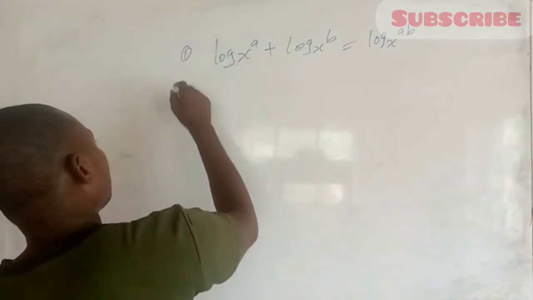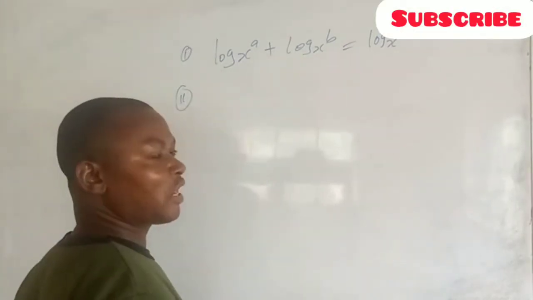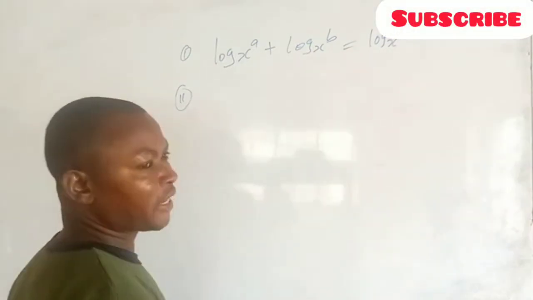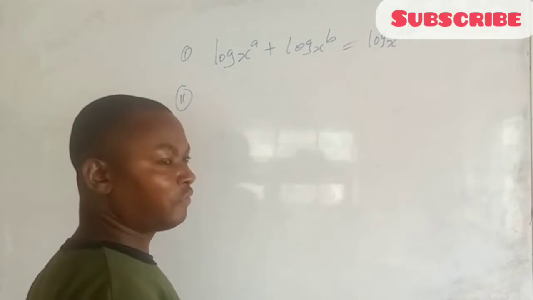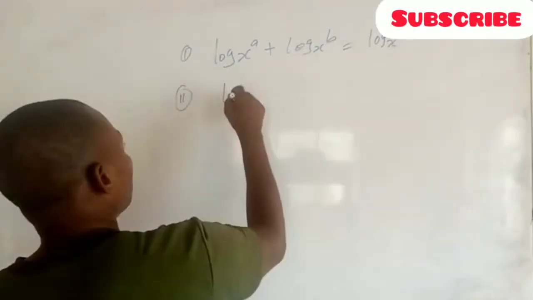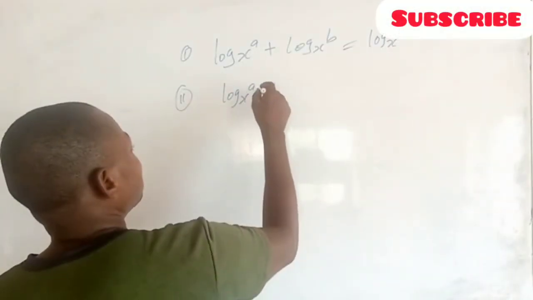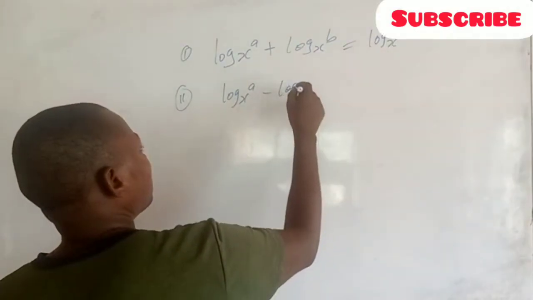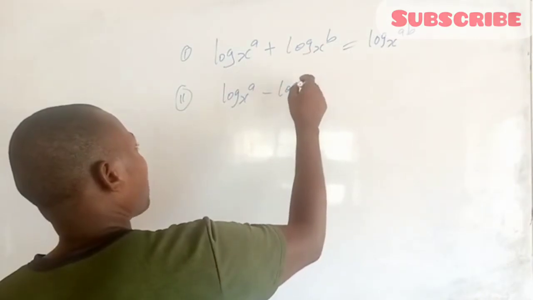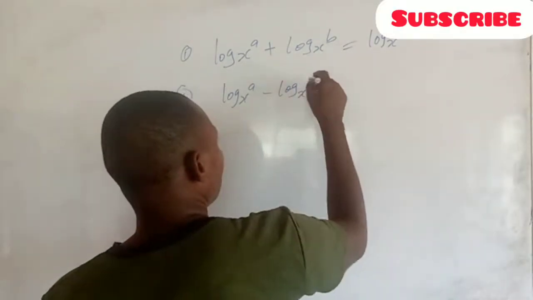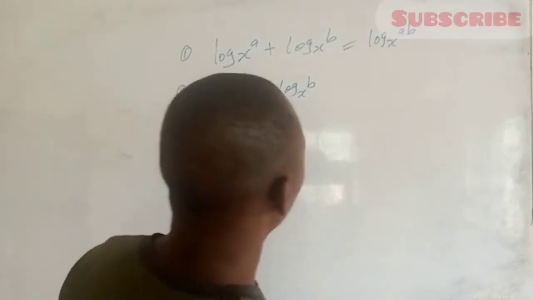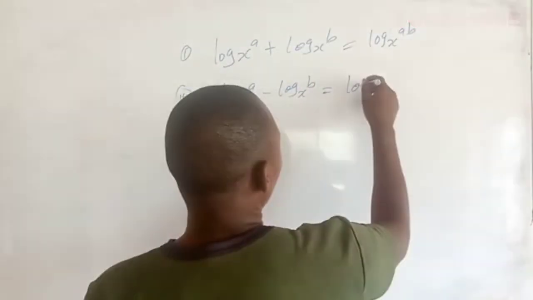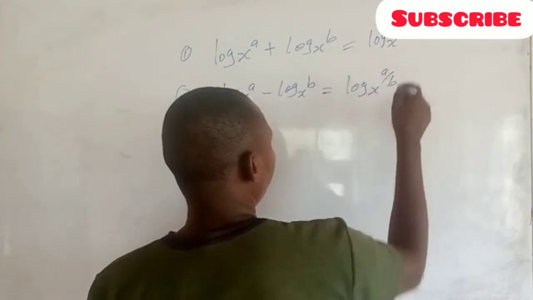Number two, the subtraction rule. When you are subtracting, according to the law of indices, you divide. So we have log a to base x minus log b to base x, which is equal to, since this is subtraction, we divide: log x of a over b.